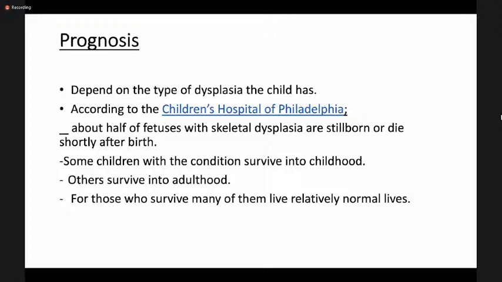Prognosis will basically depend on the type of dysplasia the child has. Now, according to Children's Hospital in Philadelphia, about half of the fetuses with skeletal dysplasia are stillborn or they die shortly after birth.